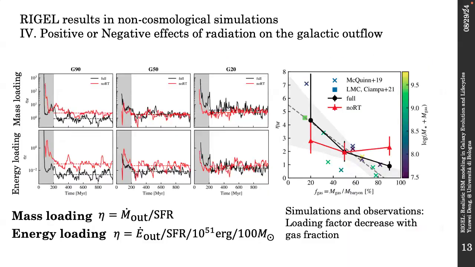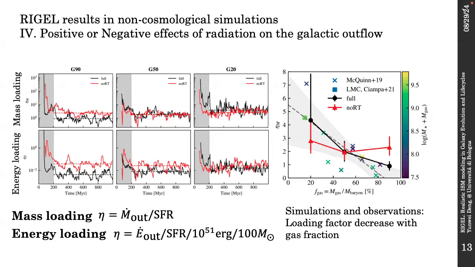So these are the results, the mass and energy loading factors of these simulations. The full feedback runs are in black and non-RT in red. You can see for the low gas fraction G20 galaxy, the full feedback run has a higher loading factor. On the other hand, for the G90 galaxy with high gas fraction, the full feedback has a lower loading factor.